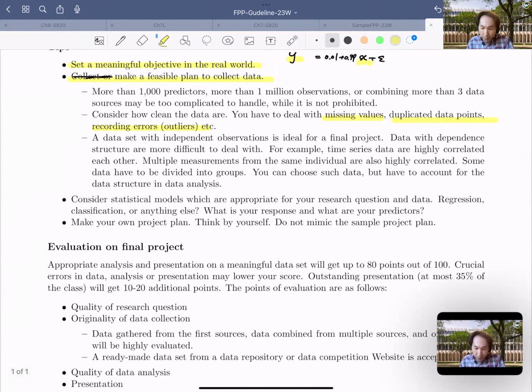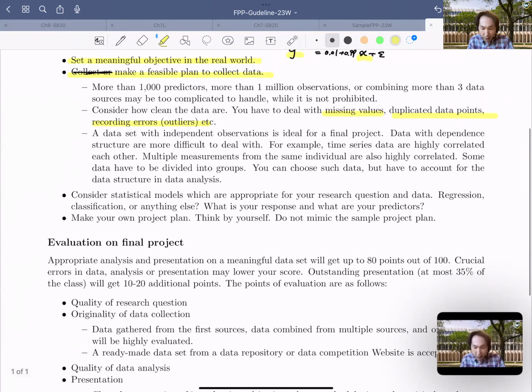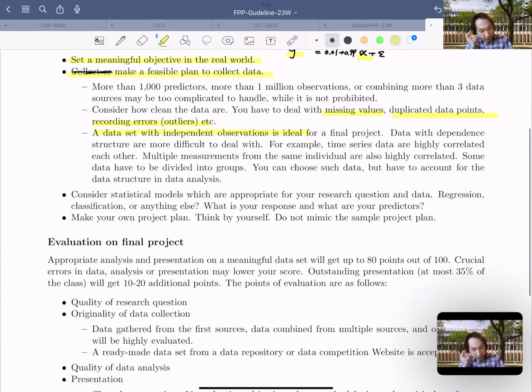A data set with independent observations is ideal. I think this is an important point. Typically, if you get time series data, then it's probably hard to analyze. For example, suppose that you want to explain the number of COVID deaths by the temperature, maybe the overall average temperature in the United States, and you have 1 year of data.